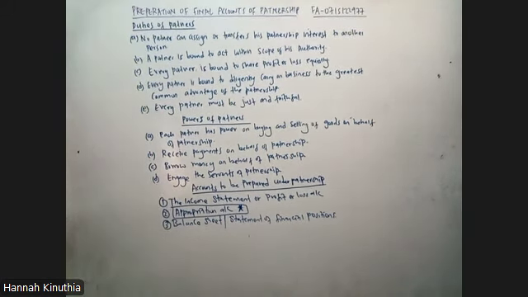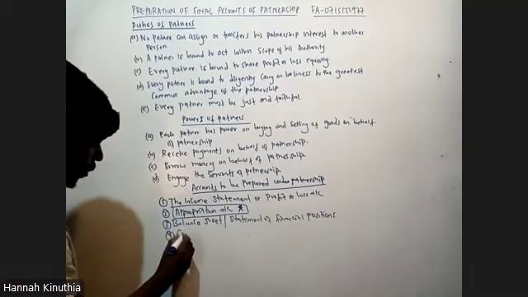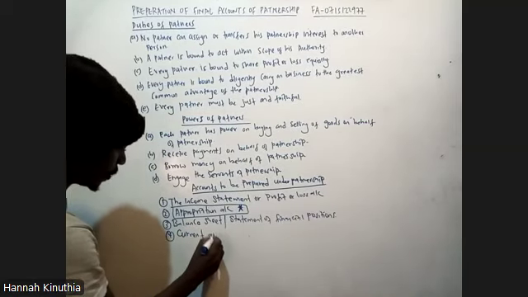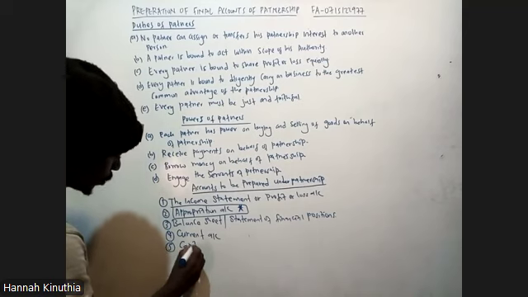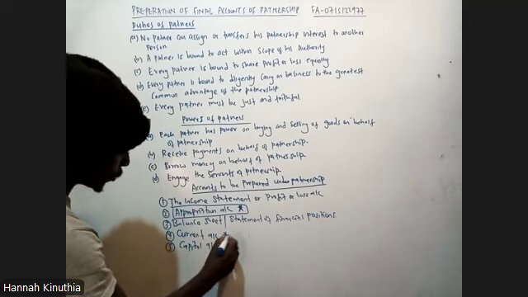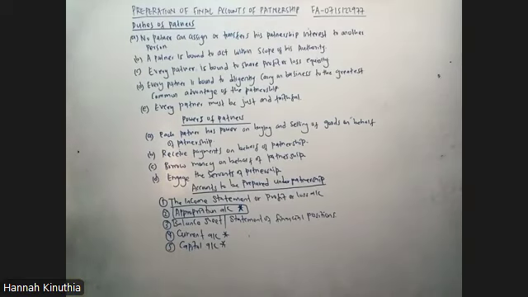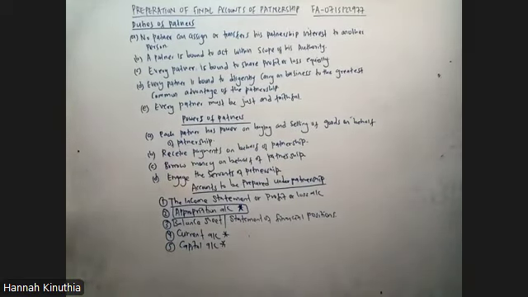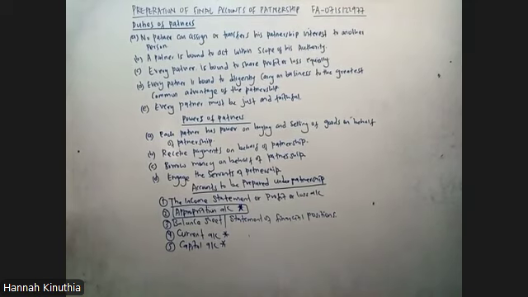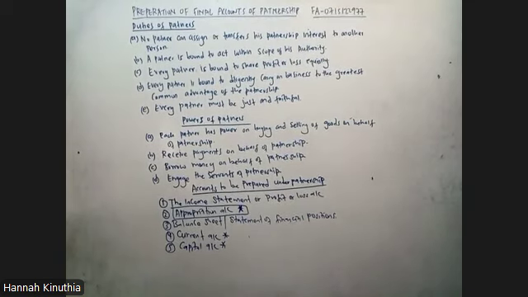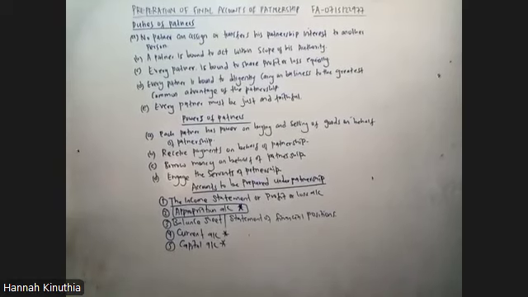And then also, number four, we need to prepare the current account, and number five, the capital account. So these are the extra accounts we need to take a look at. The appropriation account, the current account, and the capital account must be prepared when it comes to the preparation of the final account of the partnership.